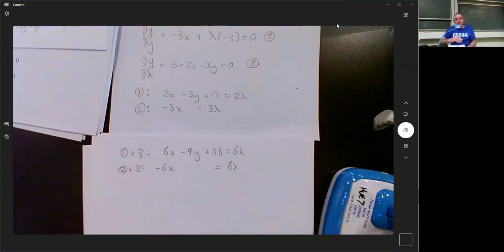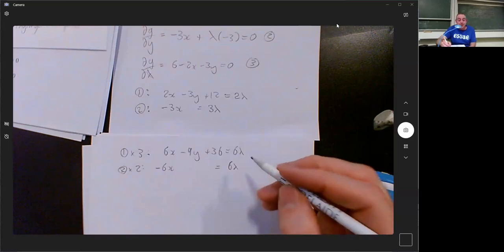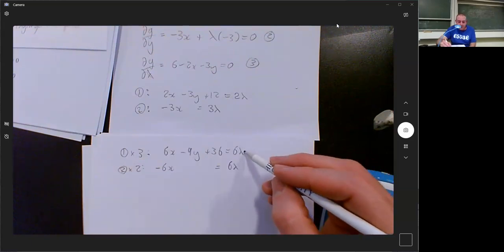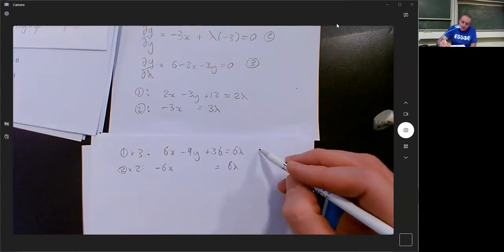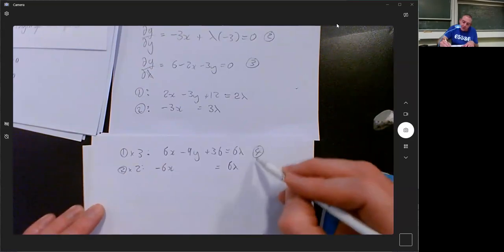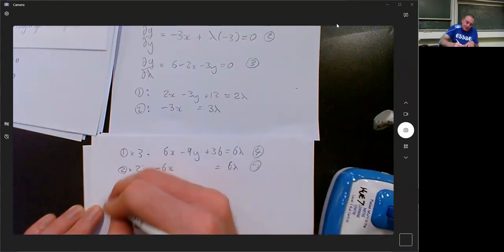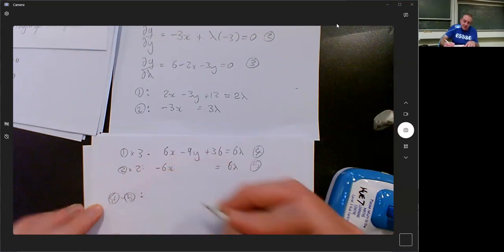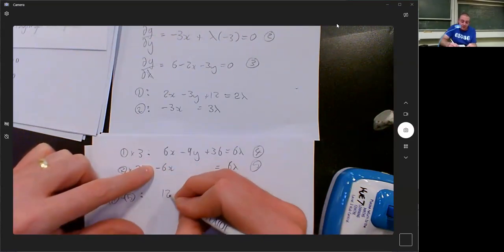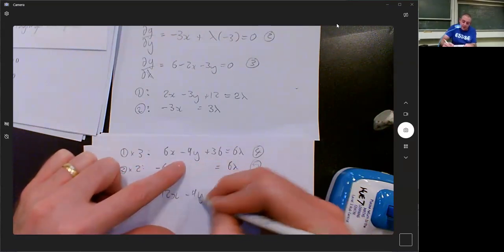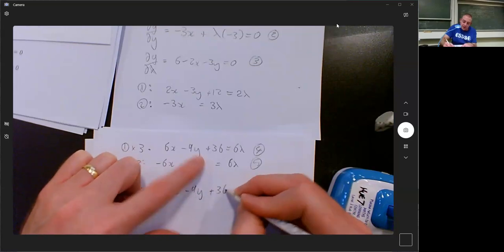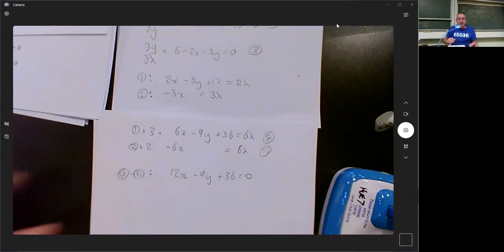And now, if I subtract this one minus this one, so I shall call this number 4 and number 5. 4 minus 5, 6x minus 6x is 12x, minus 9y is still there, the 36 is still there, and I get a 0. And that is a perfectly good linear equation in x and y.